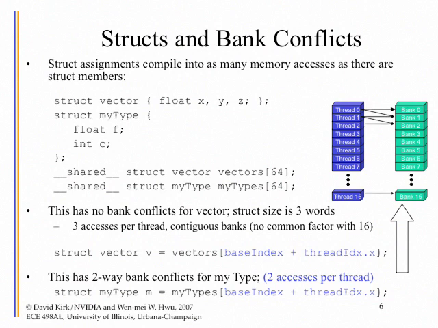Thread 1 is going to start with bank 2, and thread 2 is going to start with bank 4. But after you go all the way down, you're going to have banks 0, 2, 4, 8, and 14, right? And when you add 2, you go back to 0.